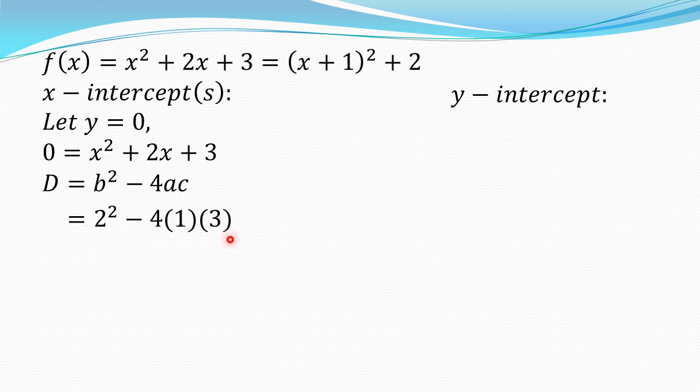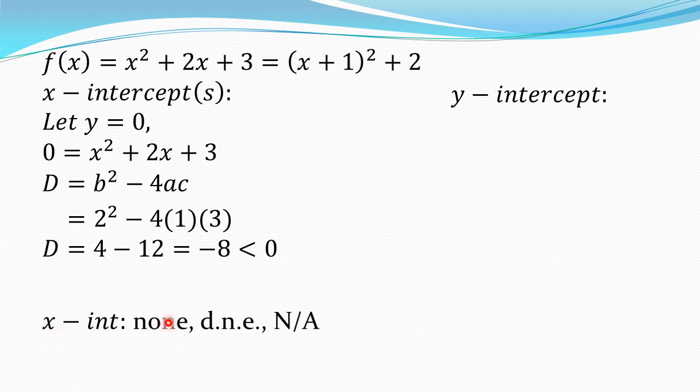We get 4 minus 12, which equals negative 8. And negative 8 is obviously less than 0, so we're expecting that the solutions to this equation are not real numbers. They're imaginary numbers because the discriminant, negative 8, is less than 0. So let's verify that.